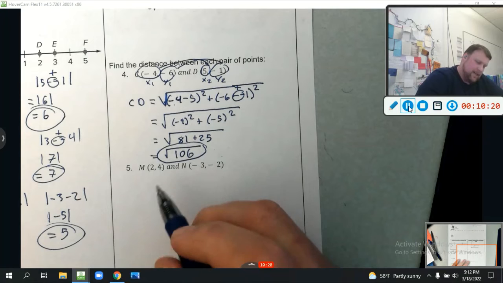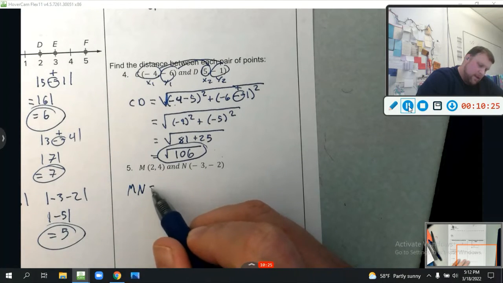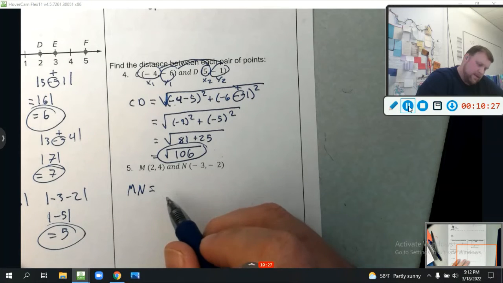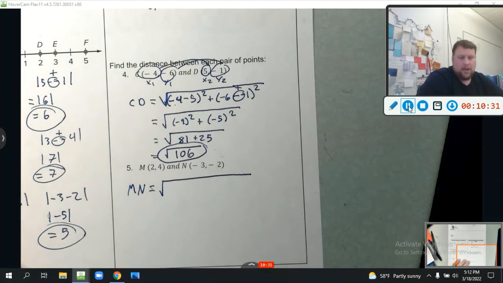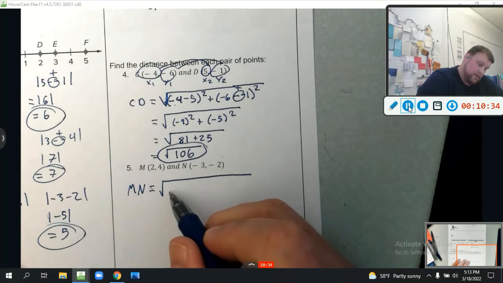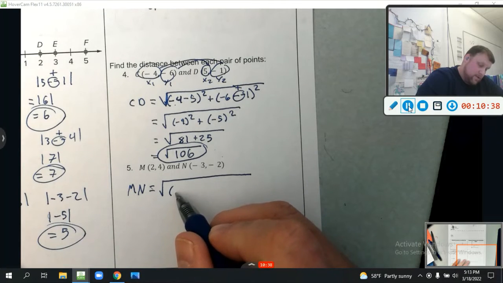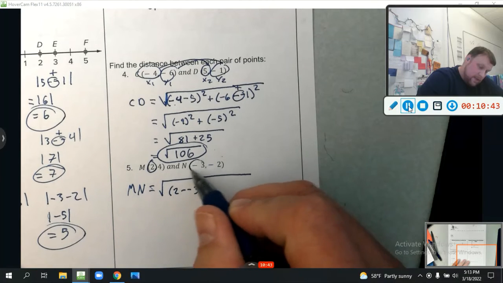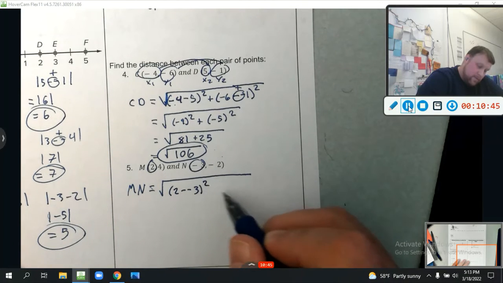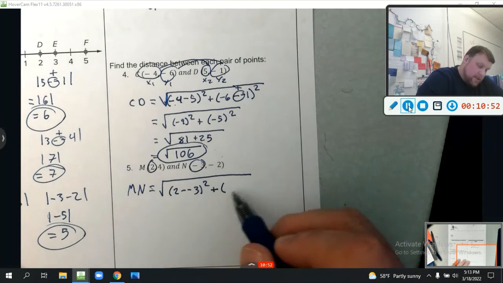So the measure of MN, that distance, is going to be the square root of the difference in our x values. So that's going to be 2 minus negative 3, our x values, squared, plus the difference in our y values, which is going to be 4 minus negative 2 squared.